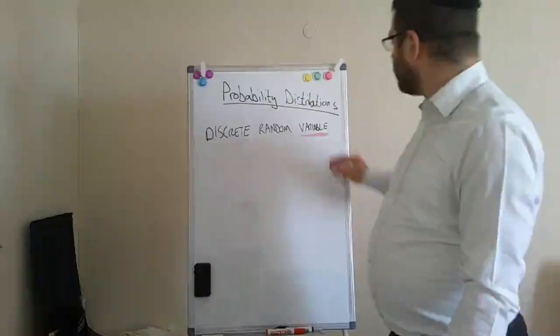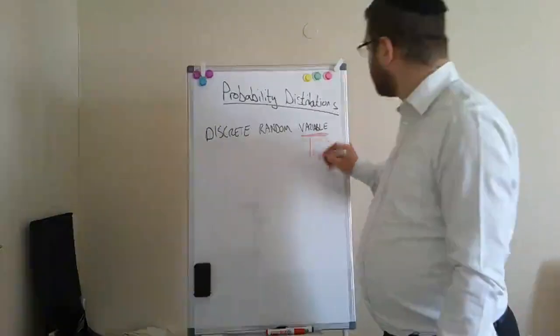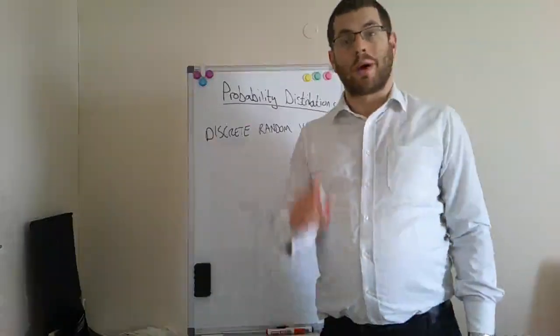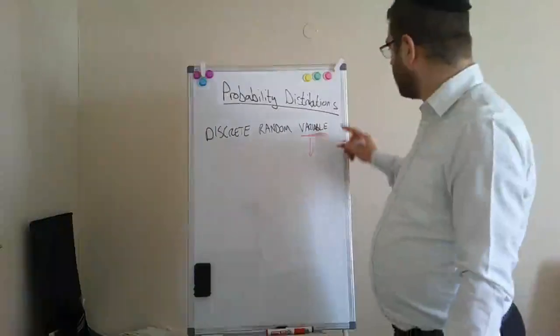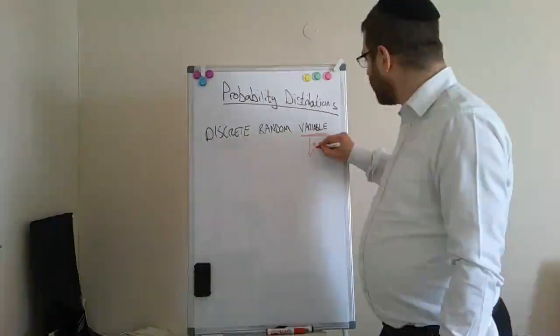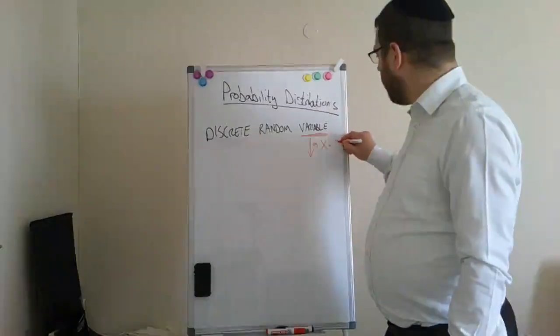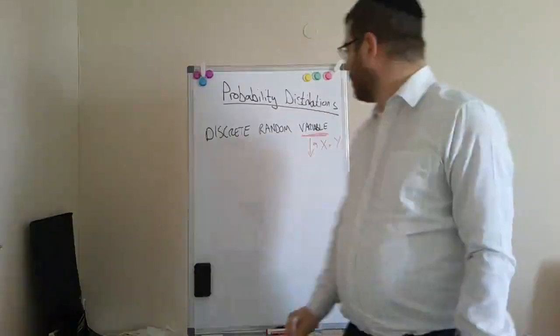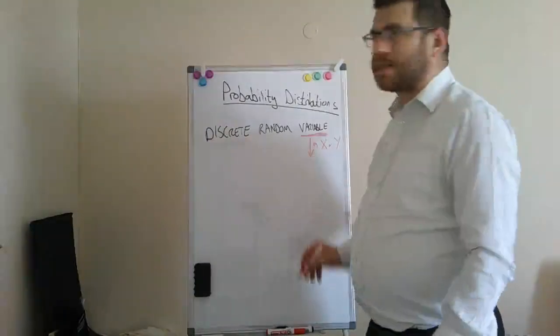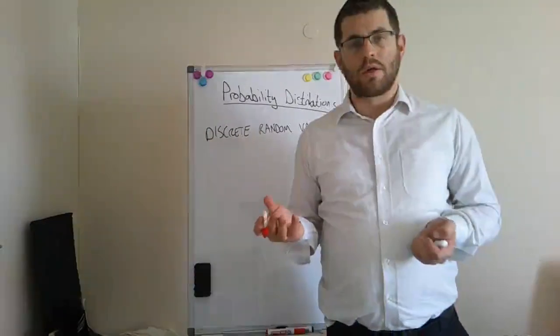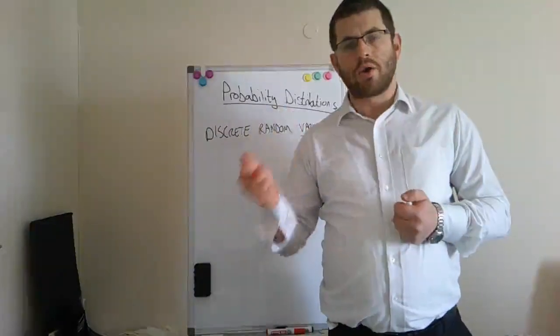A variable in this context is going to be denoted by a capital letter, for example, X is the most popular one, or Y. That variable is some sort of experiment that will generate a numerical value.